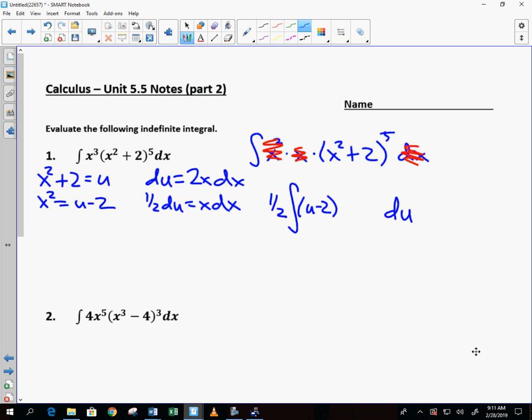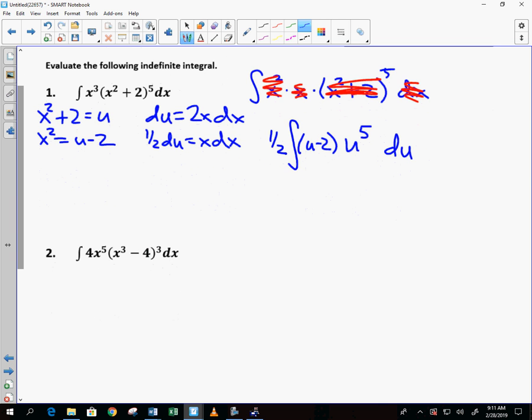And then instead of x squared plus 2 to the 5th, I do u to the 5th. See how they're all gone? So now it's no big deal. I just distribute the u to the 5th. I have 1/2 integral of u to the 6th minus 2u to the 5th du.